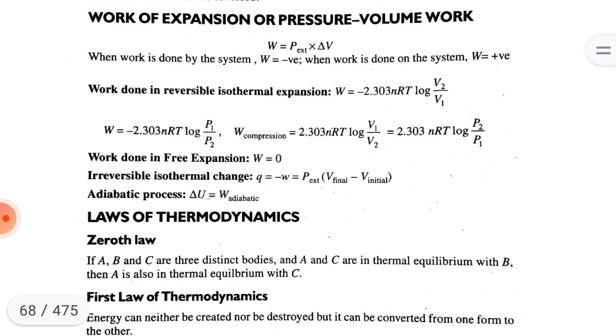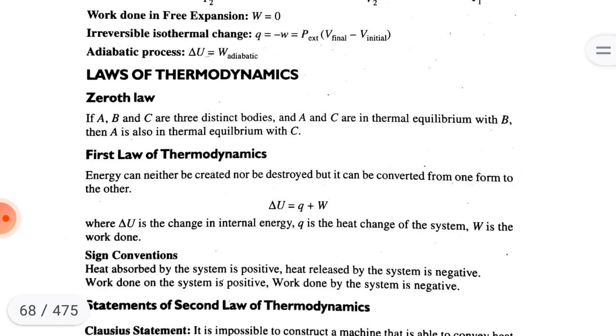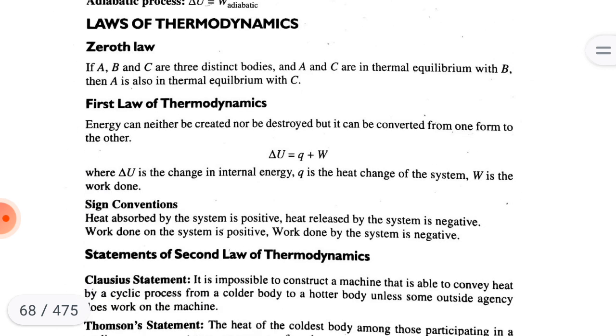Work done in free expansion, W is equal to 0. Irreversible isothermal change, Q is equal to minus W, equal to P external into V final minus V initial. Adiabatic process, delta U is equal to W.